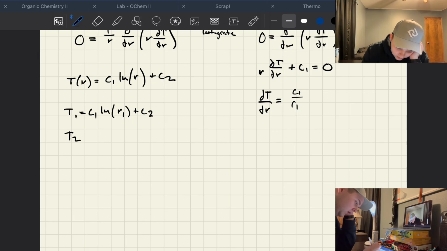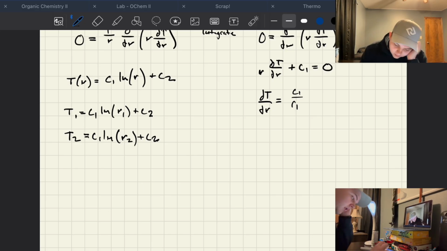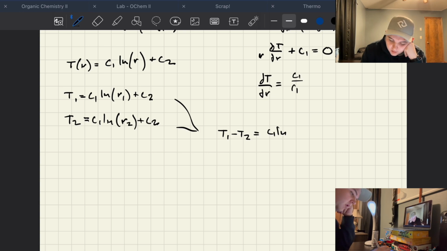We'll get T2 equal to C1 natural log R2 plus C2. Okay, that looks good. Then we need to combine these terms, so T1 minus T2 is equal to C1 ln R1 plus C2 minus C1 ln R2 plus C2.